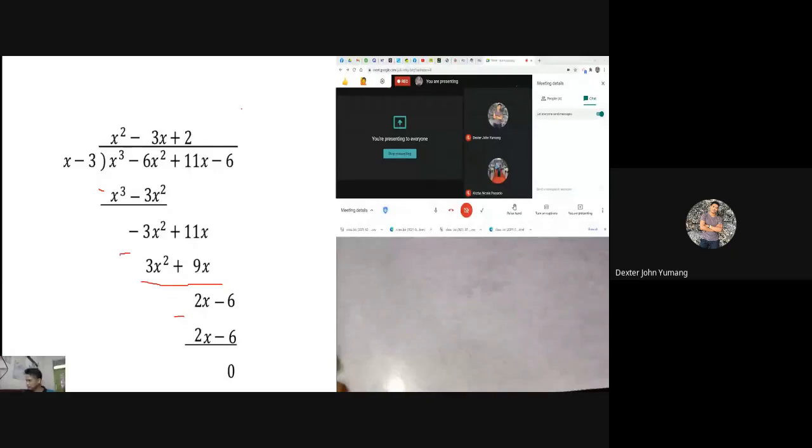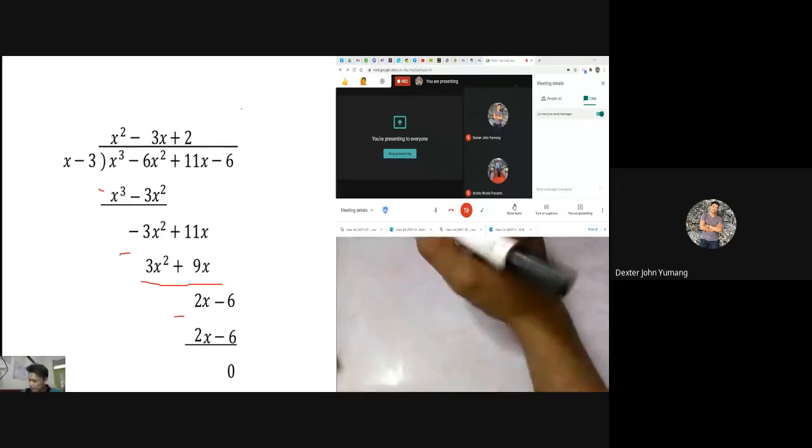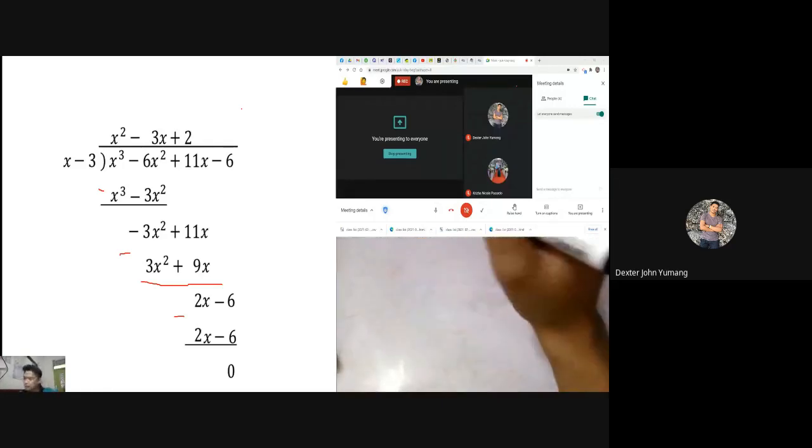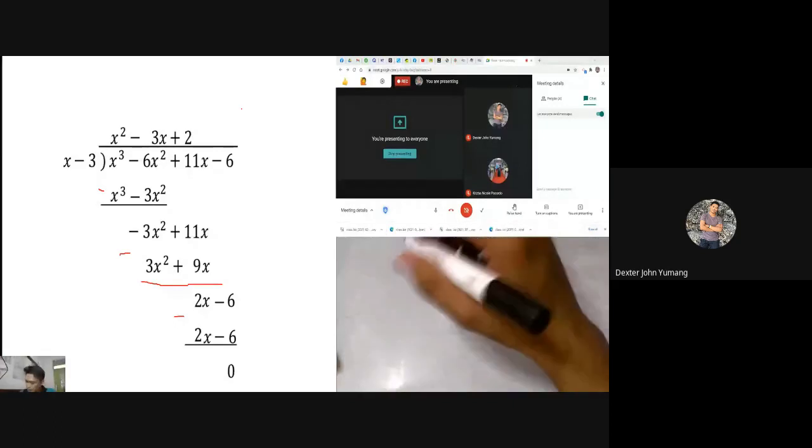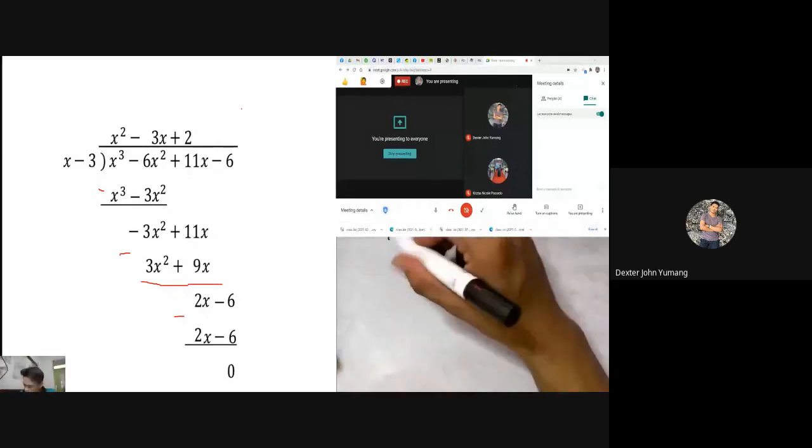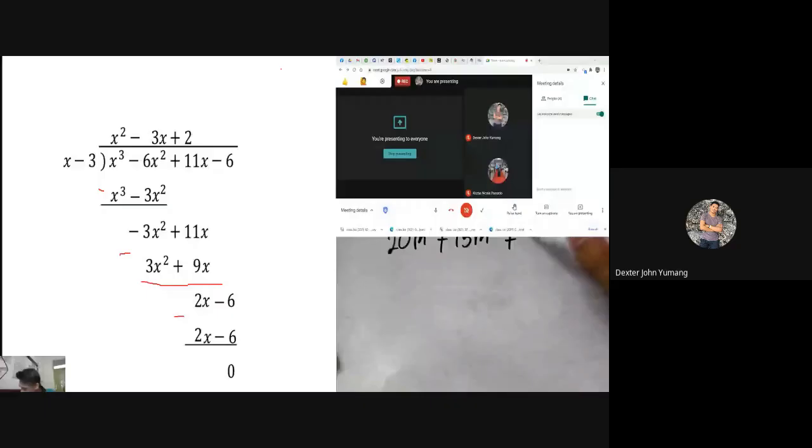So, okay, let's try a drill. Itong drill natin, hindi natin gagamitan ng games. Simple solving tayo dito. So we have 20m raised to the power of 5 plus 15m cubed plus 3m divided by m.